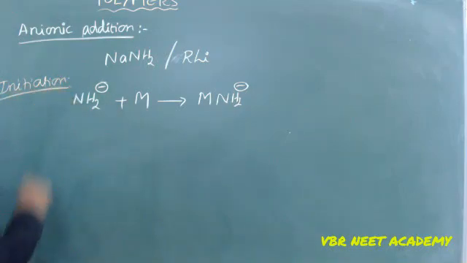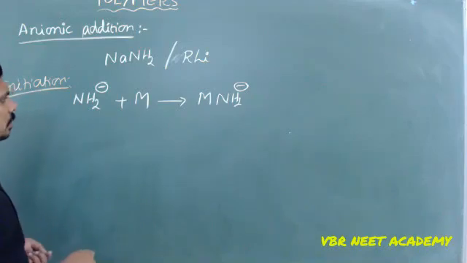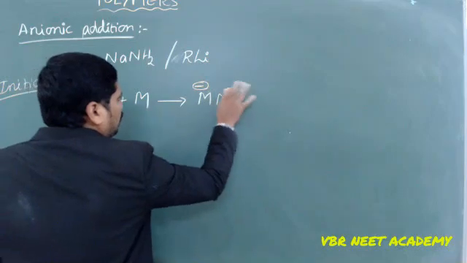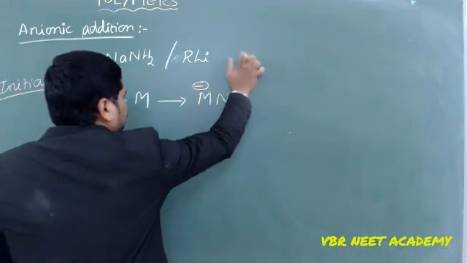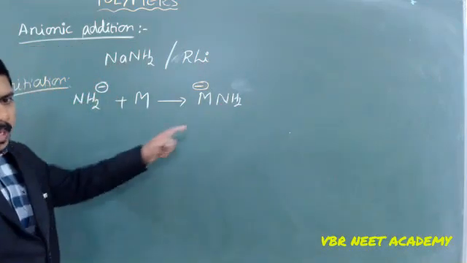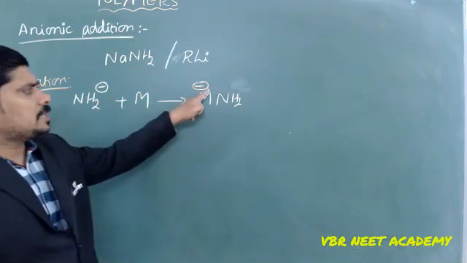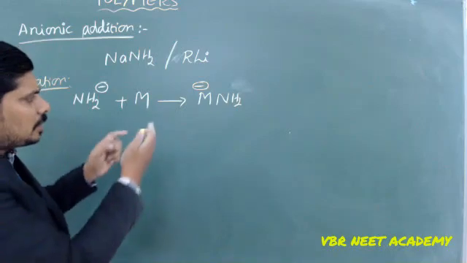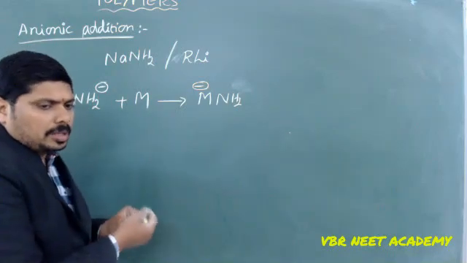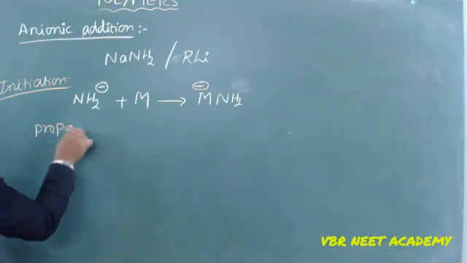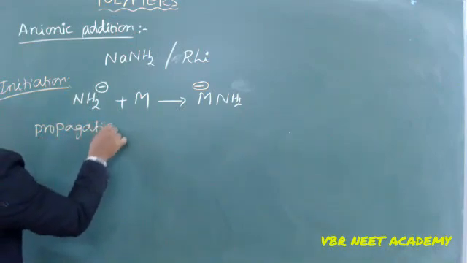The minus is attacking on the monomer. Now the negatively charged monomeric unit has started. Now it is going to be an anion. So this anion is going to go for propagation.